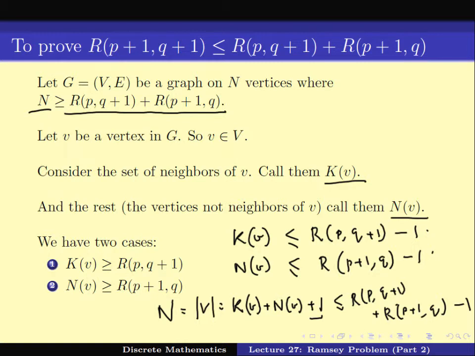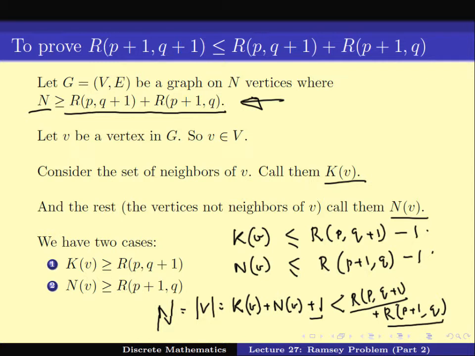So if neither case 1 nor case 2 holds, then the number of vertices is less than R(P,Q+1) plus R(P+1,Q) minus 1. In other words, n is strictly less than this, which is unfortunately contradicting the assumption that n is greater than or equal to this.